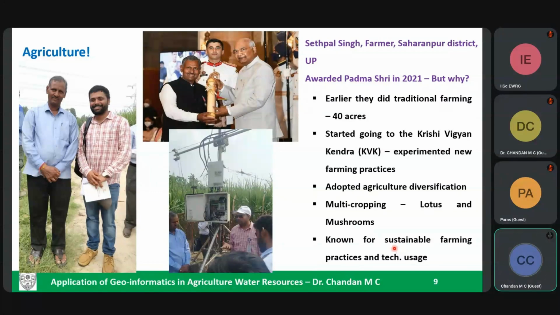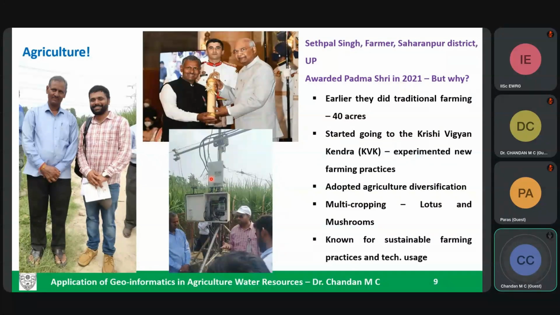You can see in this image, he has sugarcane and so many other crops in his crop area. And here you can see in one of the pictures, he is using advanced instruments for evapotranspiration measurement and weather measurement like temperature, humidity, rainfall, etc. That is being supported, of course, by IIRS and other government institutions, but he has been doing this for a very long time.